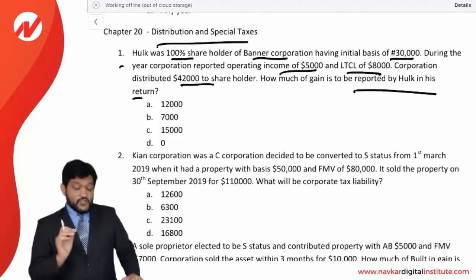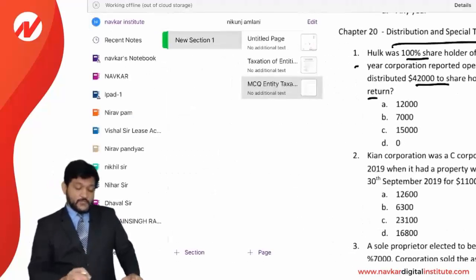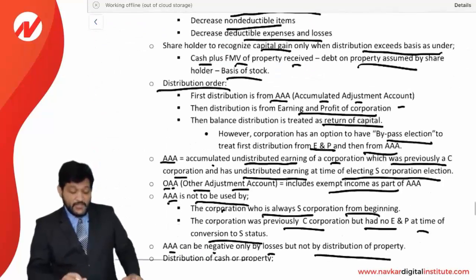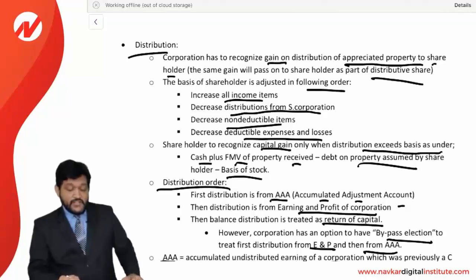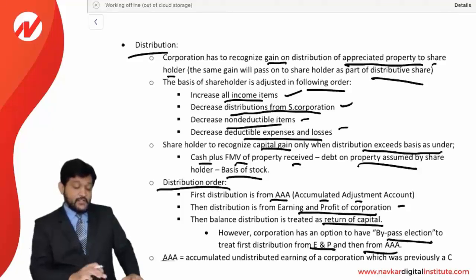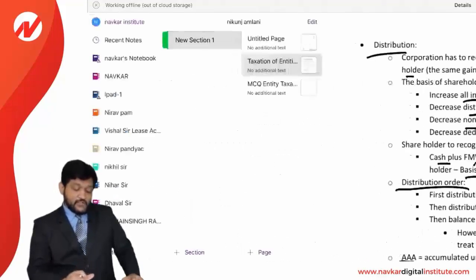Now, let's see the order for basis adjustment, how the basis is to be adjusted. First, increase for all the income, then decrease for distributions from the S corporation, then losses and expenses are to be deducted. So let's be very clear on this.